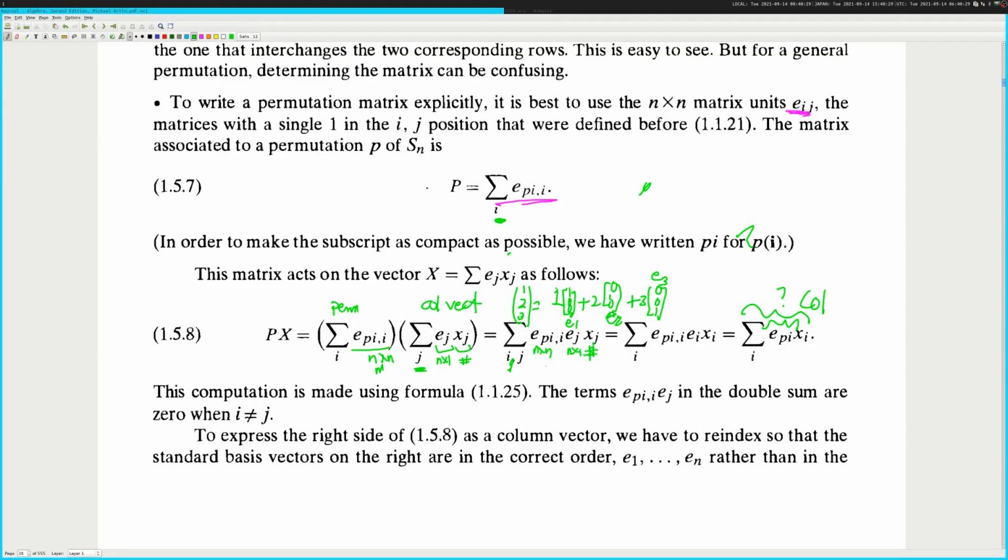Okay, and this will produce an n by 1 matrix, and it's a double sum over a bunch of n by 1 matrices, most of which are 0 when i is not equal to j, because then you have something like this, which if you do out that matrix multiplication, that's just going to be all zeros.